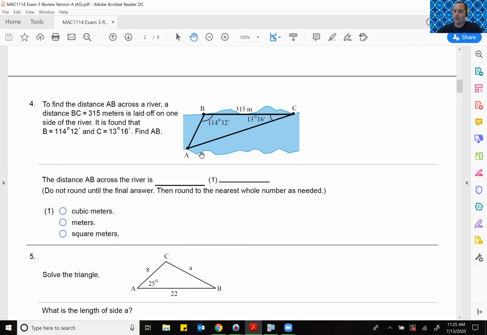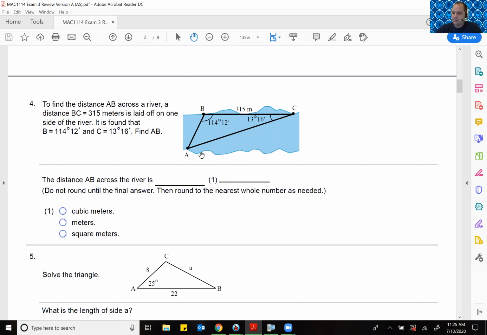I'm just going to draw the picture because the pictures are really what help us along in this. So 13 degrees, 16 minutes, and then got 114 degrees, 12 minutes, and 315 meters.